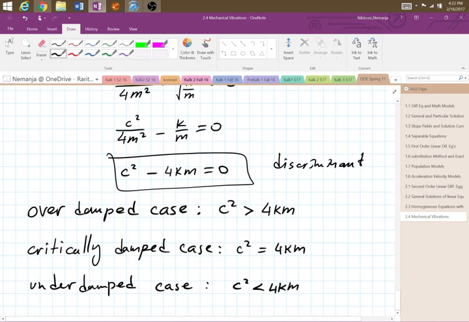Now c and k and m are always given in the statement of the problem, so you can always find those and state which of these cases you have.